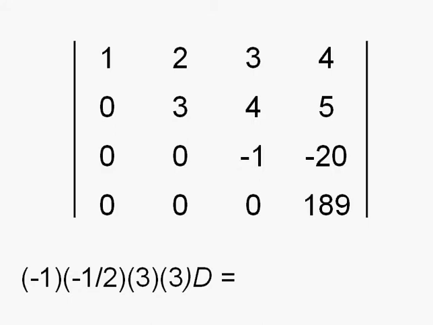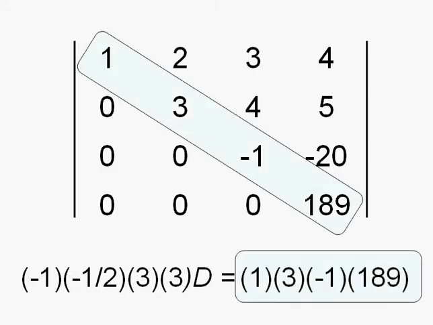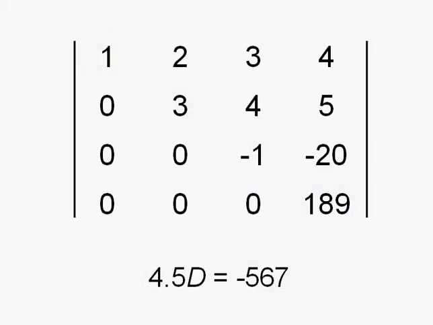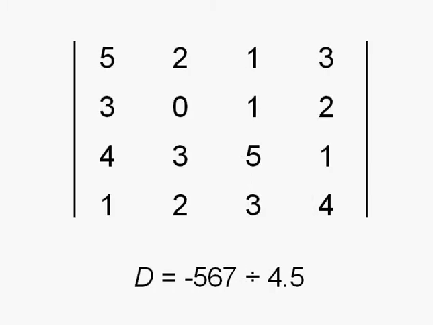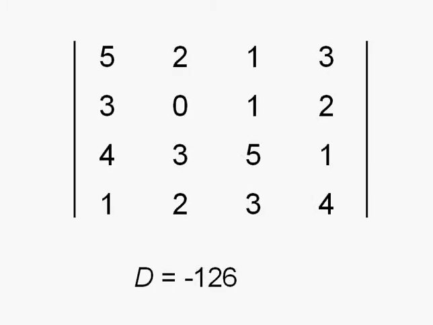And this determinant here we can get by simply multiplying the numbers on the main diagonal, which are these numbers here. And so if we pull out the calculator and do the calculations, we get 4.5 times the original determinant is negative 567, which means the original determinant is negative 126. And that's how it works.